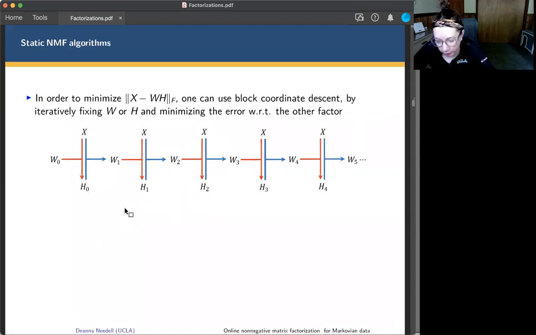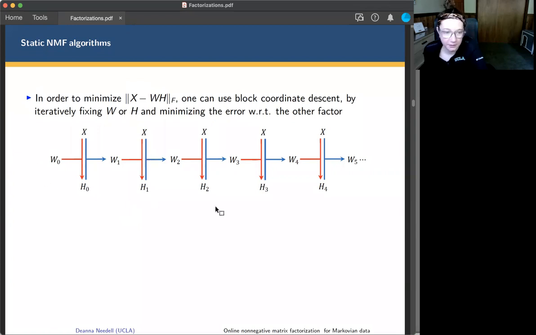Okay, so one of the first things I want to talk about is some convergence guarantees. So to minimize our simple objective function X minus WH, and I'll be adding a regularizer here in a moment, you can use something like block coordinate descent. So the typical method would be fix W, solve for H, fix H, solve for W, and so on, and minimize the error with respect to the other one that you did not fix.